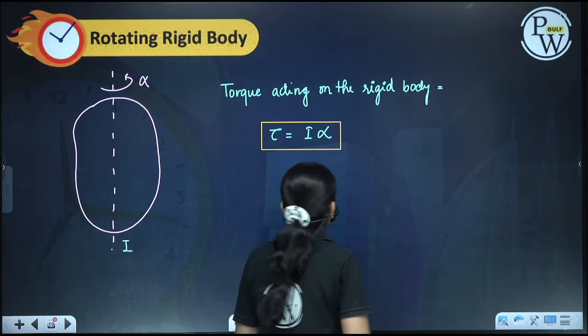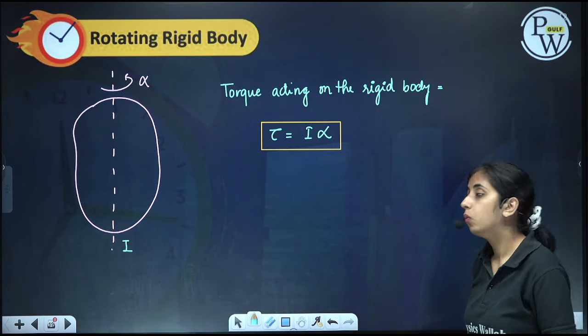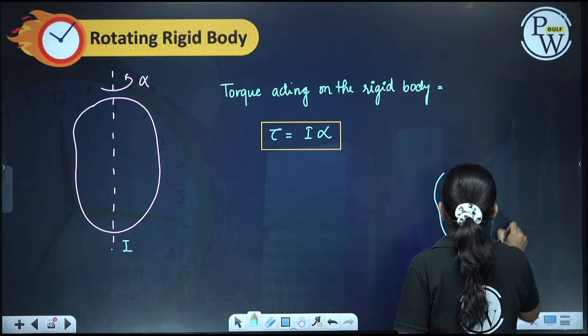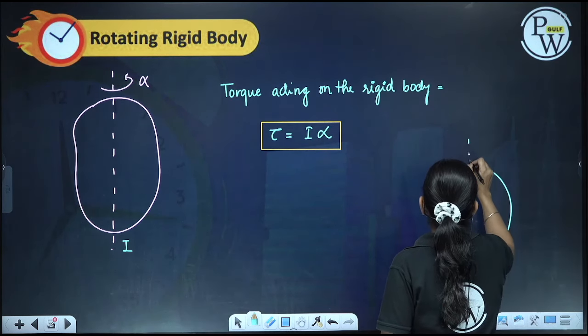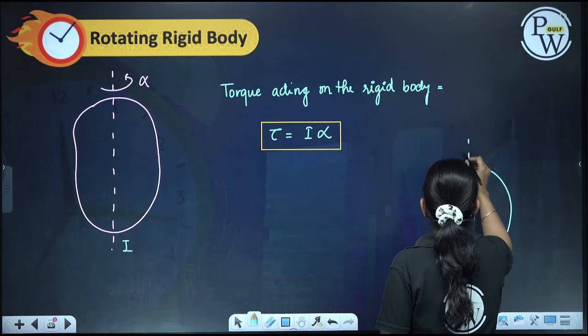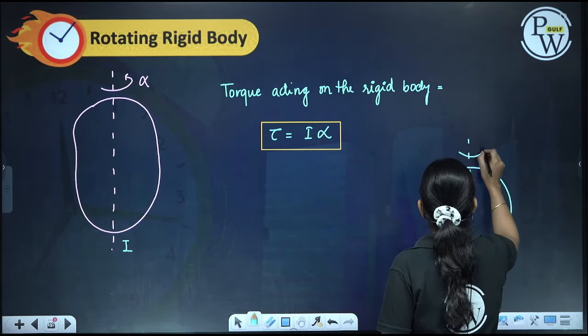Similarly, if you have a rigid body which is rotating with angular speed omega, and it is accelerating, its angular speed is omega at any point of time.